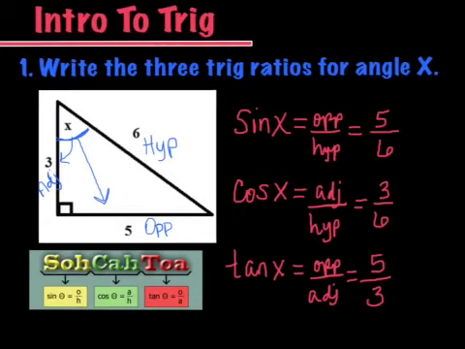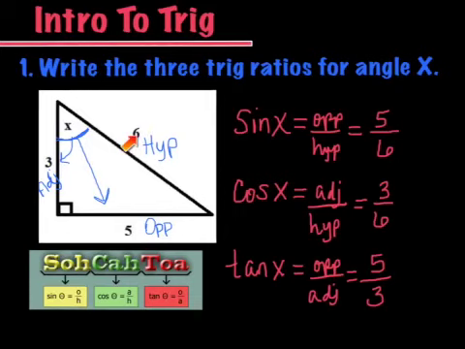Now, I understand this doesn't make any sense as far as helping us find a missing side because we already have all the sides. Okay, today we're just practicing setting our trig ratios up because soon we won't have all these sides. We'll have an angle and only one side, and we have to use trig to find our missing sides.